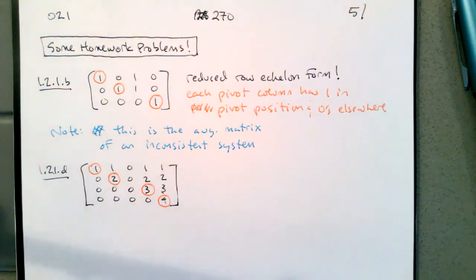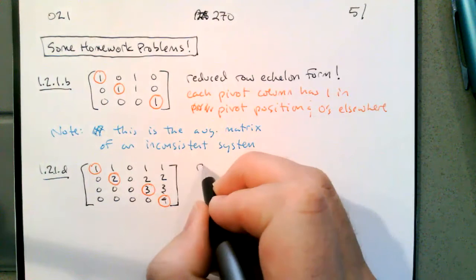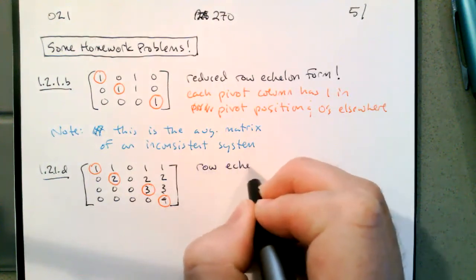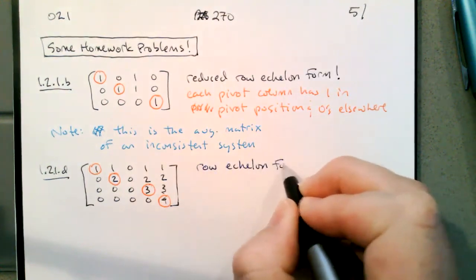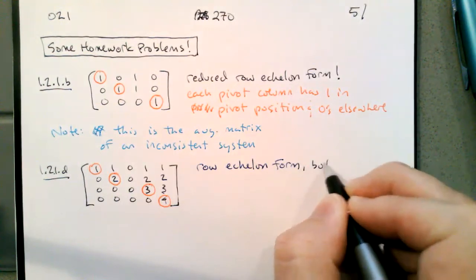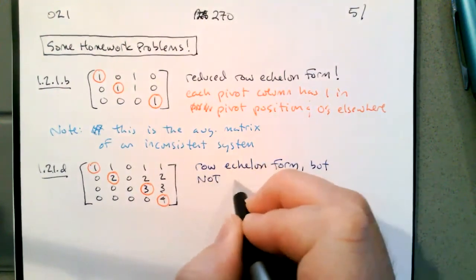So this is not reduced row echelon form, but there's zeros beneath all the pivot positions. So it's in row echelon form, but not reduced.